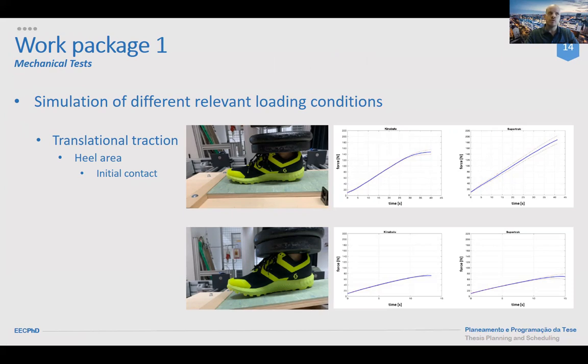Here I focus on the simulation of the initial contact with the heel, and I compared the measurements which are used worldwide with the shoe positioned on the flat underground to the shoe positioned on an underground with an inclination. And you can already see that these first measurements lead to a big difference in the measurement results.